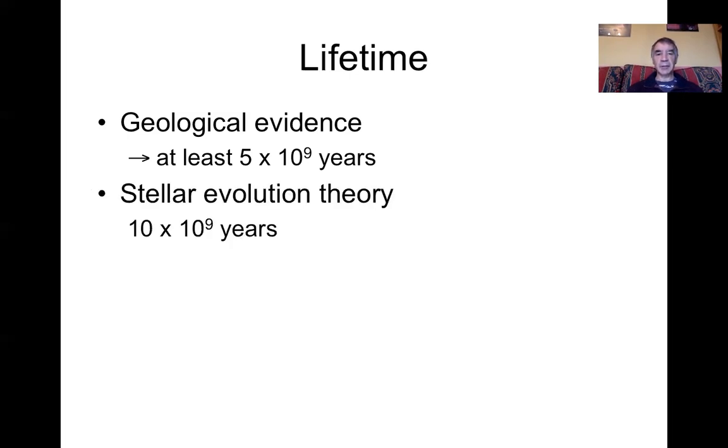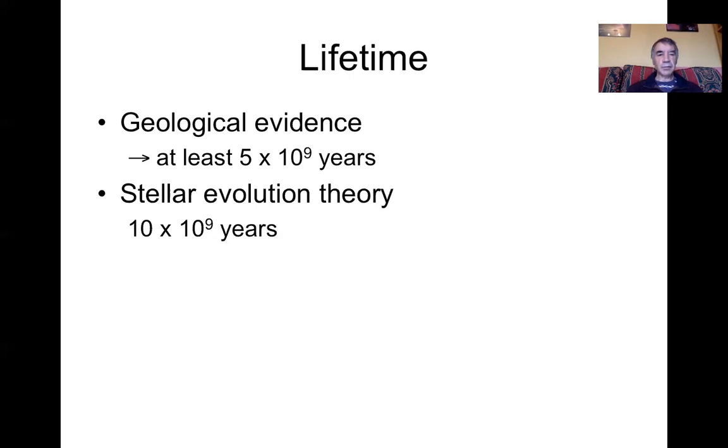But stellar evolution theory, which we will learn about a little later in this module, and in much more detail in the second year module on stellar structure and evolution, has developed theories which match all the observational tests for stars as well as we can match them at the moment. They tell us that the sun is going to live for a total of 10 billion years. So the sun is basically halfway through its life. We're going to find throughout this course that the sun is a very average star, nothing unusual about it. And so here we've learned already that the sun is basically middle-aged.